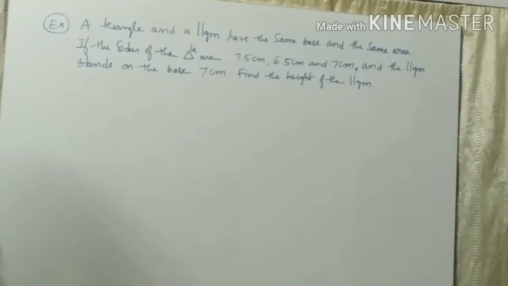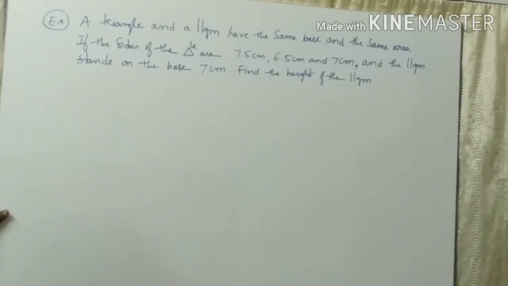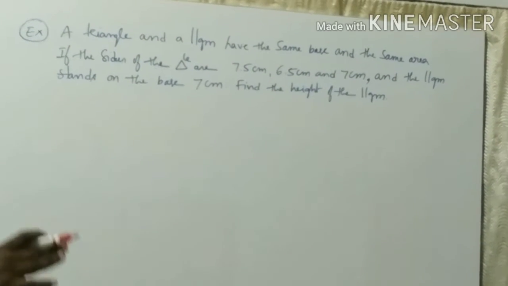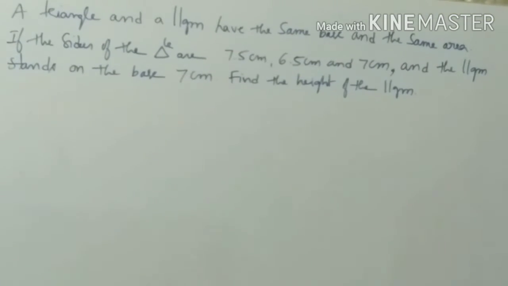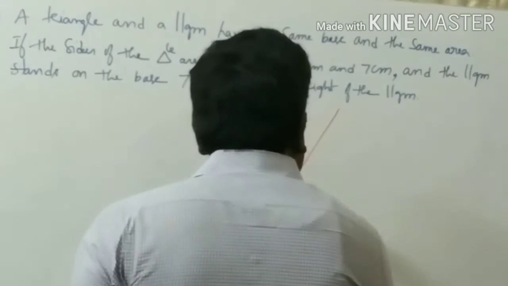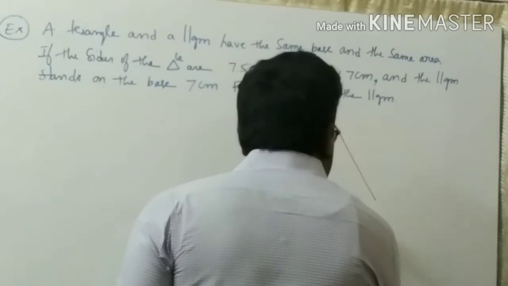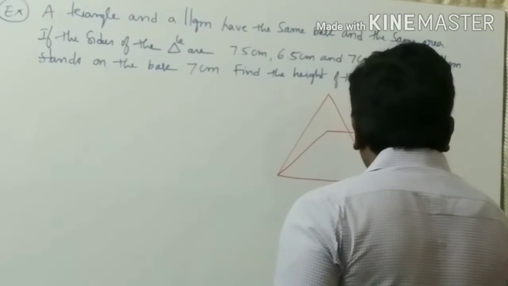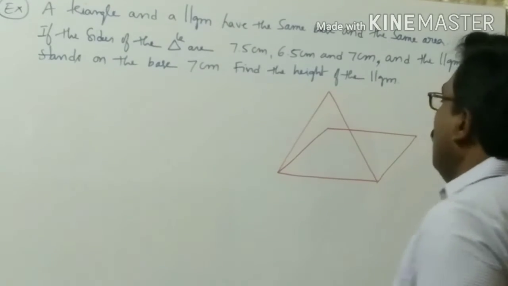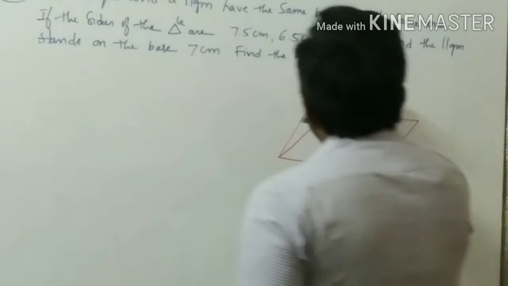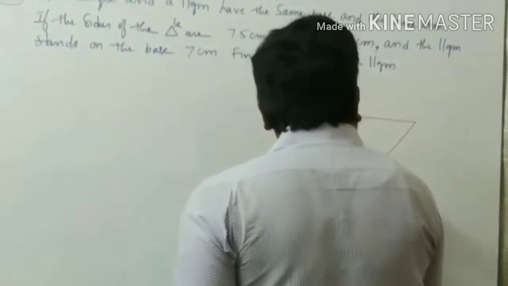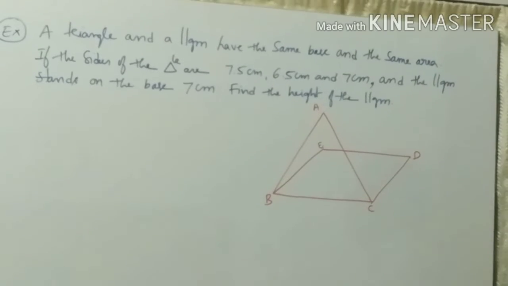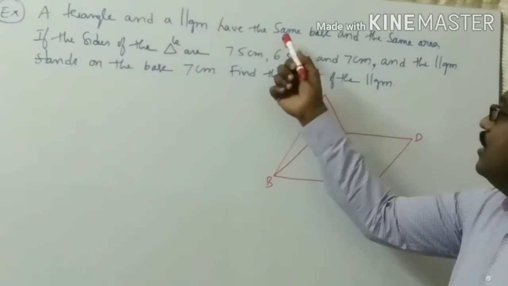Okay, now here is our second example. A triangle and a parallelogram have the same base and the same area. Suppose ABC is a triangle, BCDE is a parallelogram, with the same base.